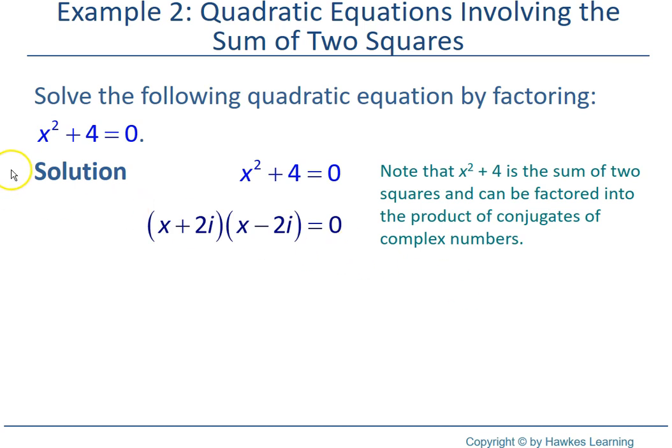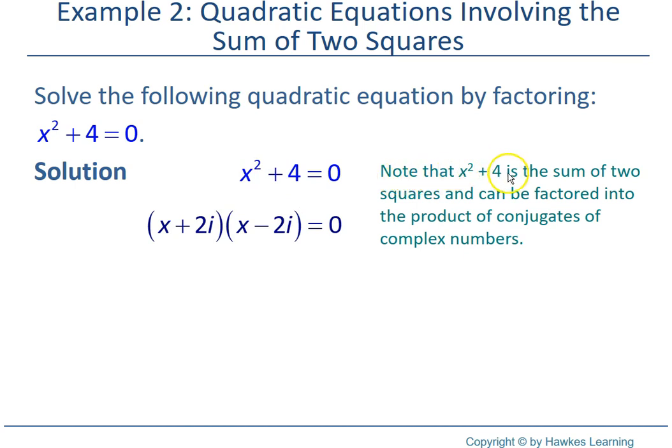Now, they're introducing something we haven't introduced lately, or yet, as far as I know in this term, and that is imaginary numbers. And write this down, and we'll take a look at this a little later here.